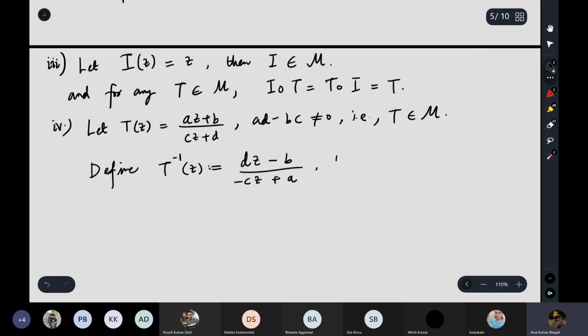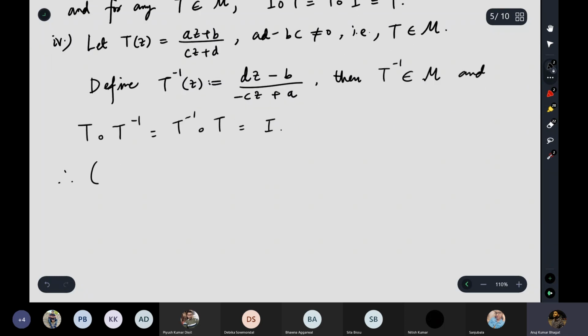Then look at the determinant. The determinant is again AD minus BC, so this minus this is again non-zero. Then T inverse also belongs to M, and if you compose T with T inverse or T inverse with T, you will definitely get identity. Therefore, this is a group.